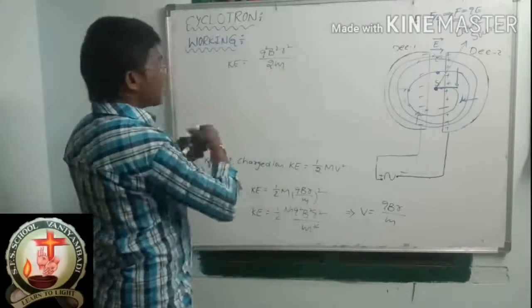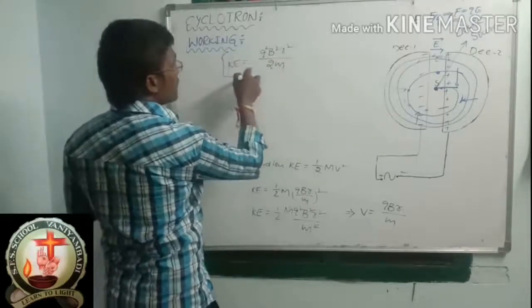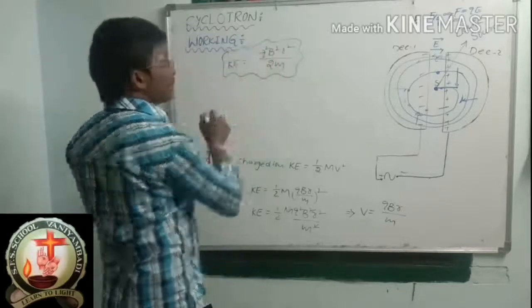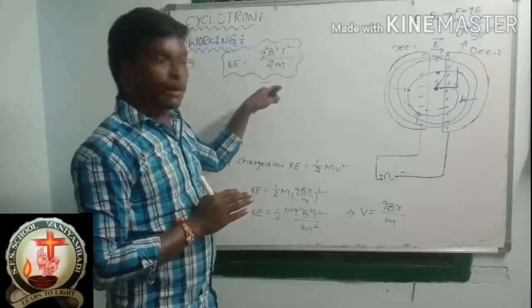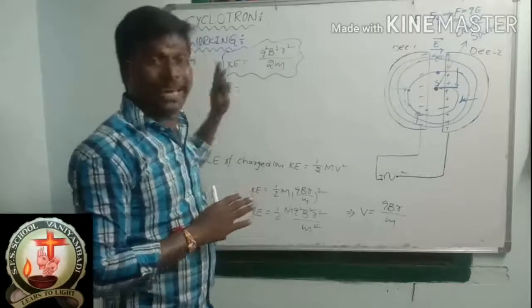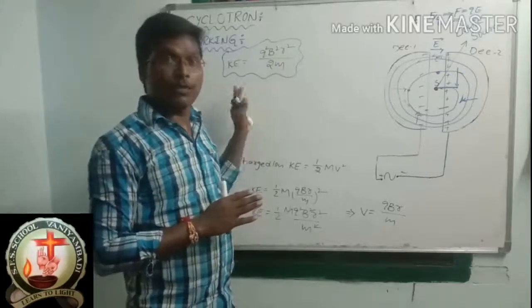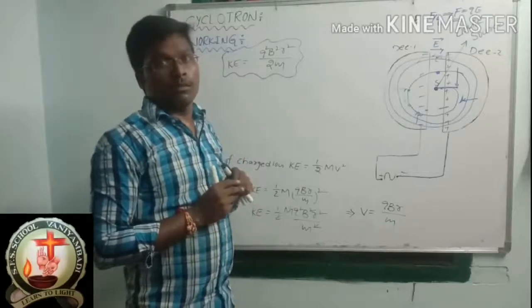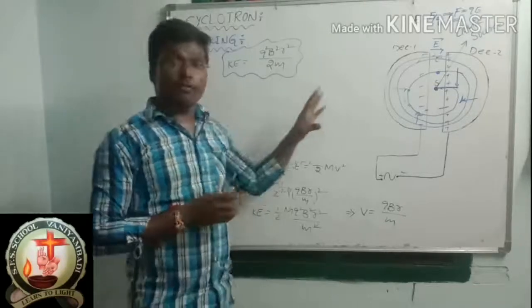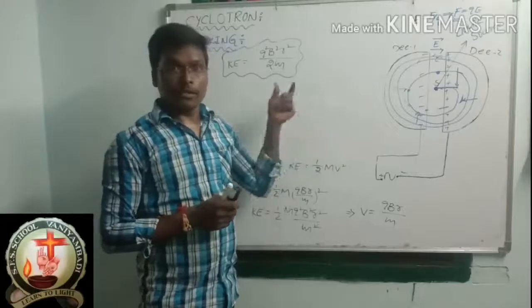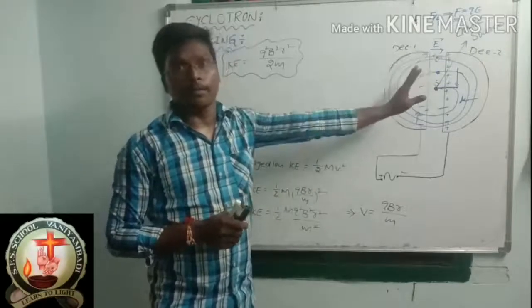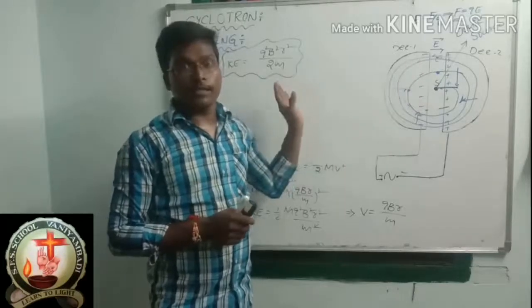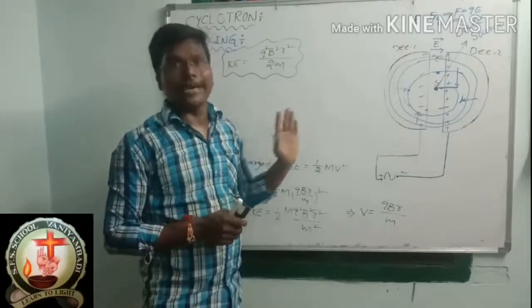This is the expression of the kinetic energy of the charged ion in the cyclotron. So this is the working of the cyclotron.